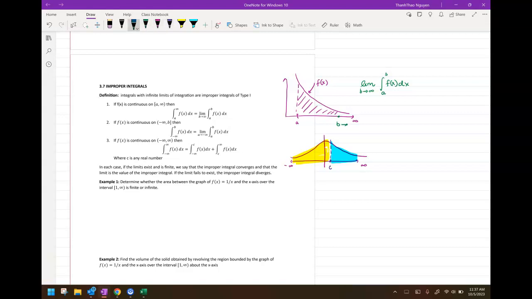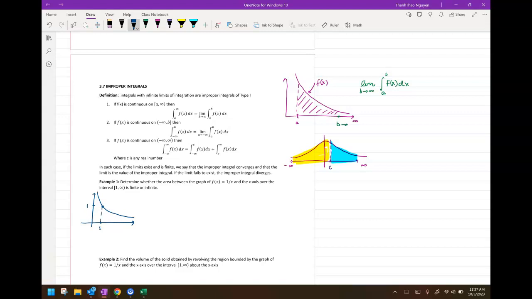First of all, let's take a look at this graph. The graph of f of x equals 1 over x looks like this. Here's 1, and f of 1 is equal to 1.